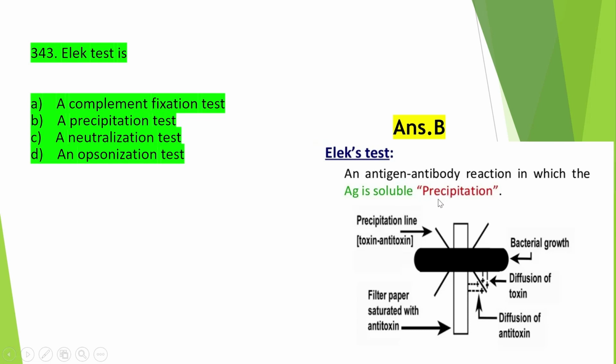So this is a precipitation test. So here the antitoxin is present and here the bacterial growth is present. So bacteria, that is a toxin and antitoxin, diffuse out and they produce a precipitation at a certain line. Okay, so this is the ELEK test.